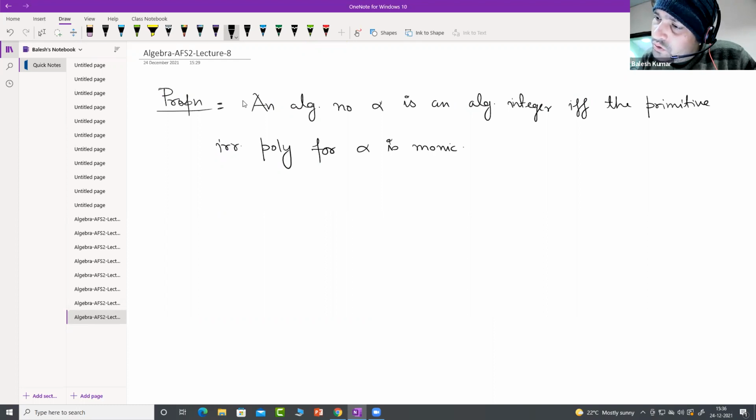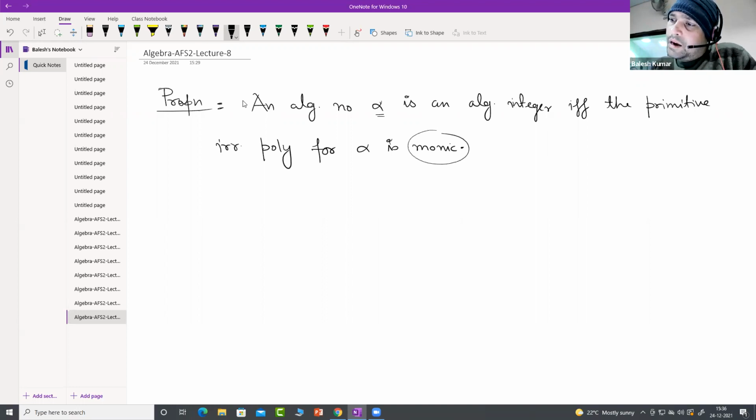This may look very trivial. Of course algebraic numbers are always a root of an integer polynomial, say a primitive integer polynomial, and what we are saying here is that it is an algebraic integer if and only if this is monic.